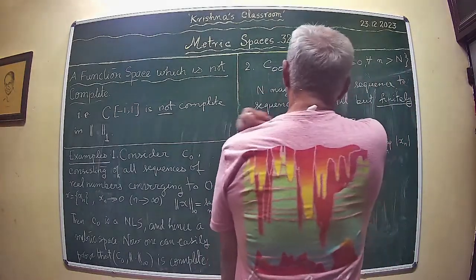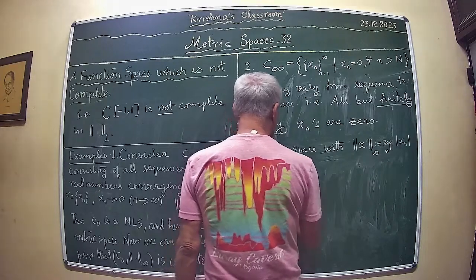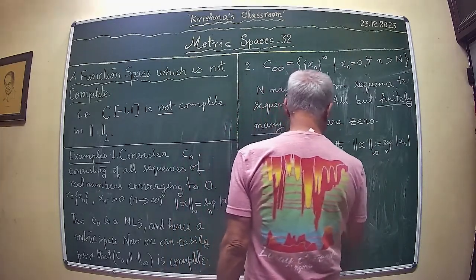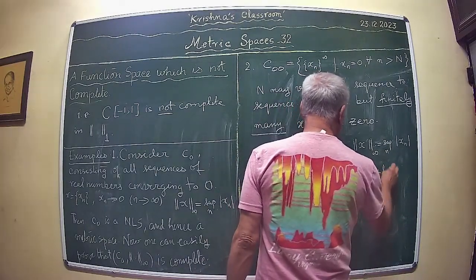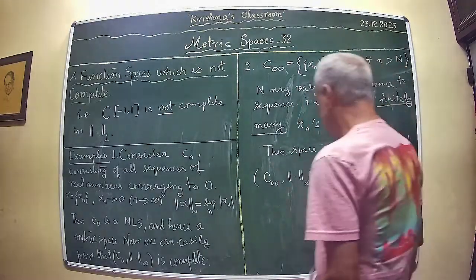It's a normed linear space. So C naught naught is incomplete. It's quite easy to prove this. Consider the sequence.